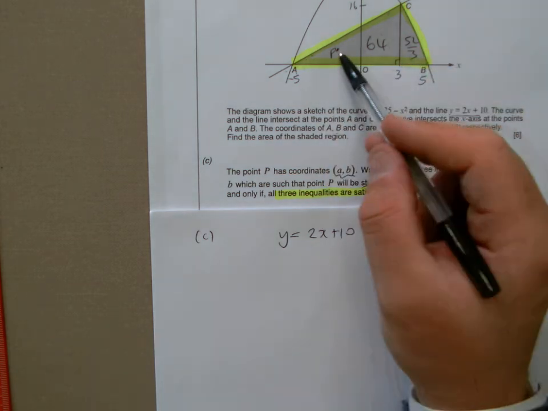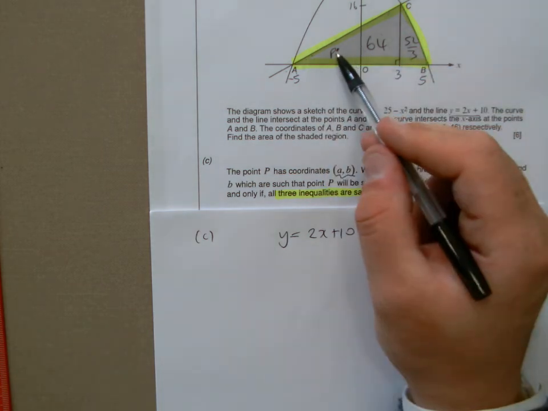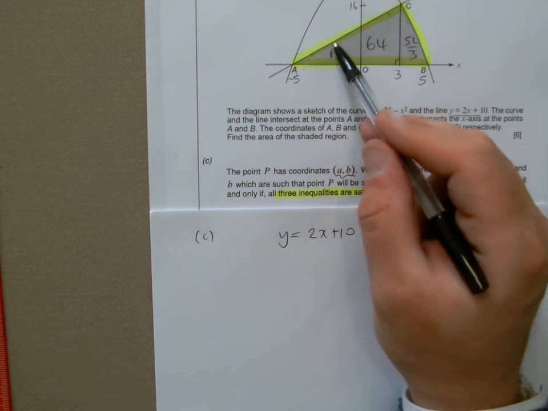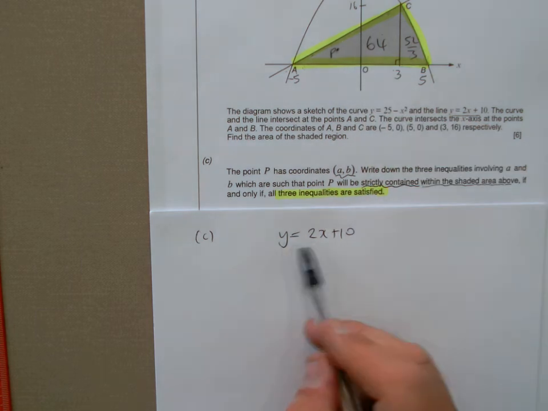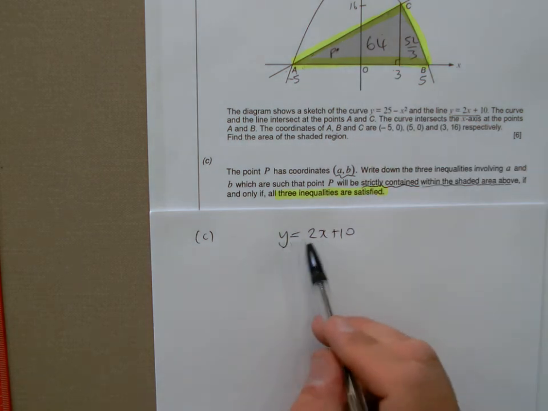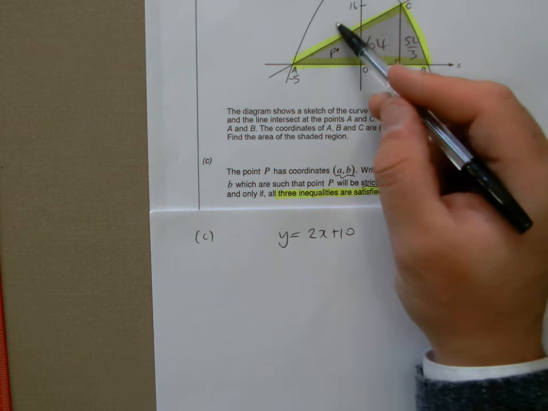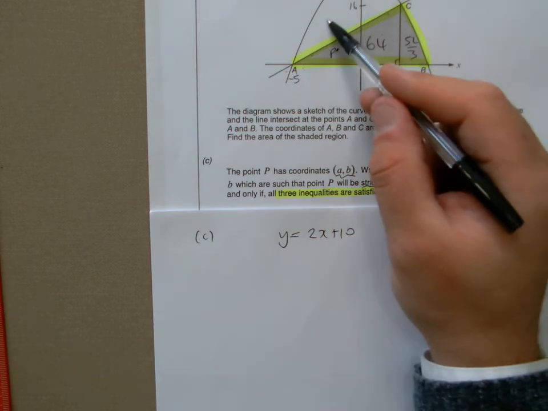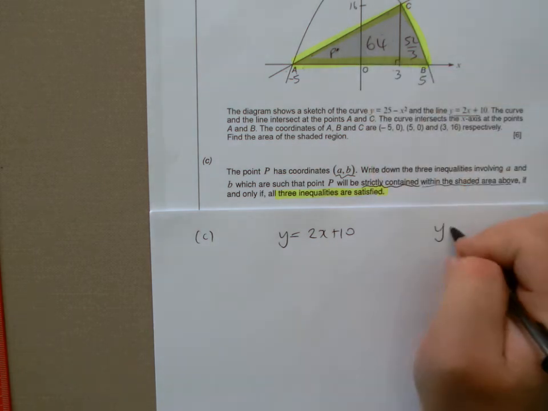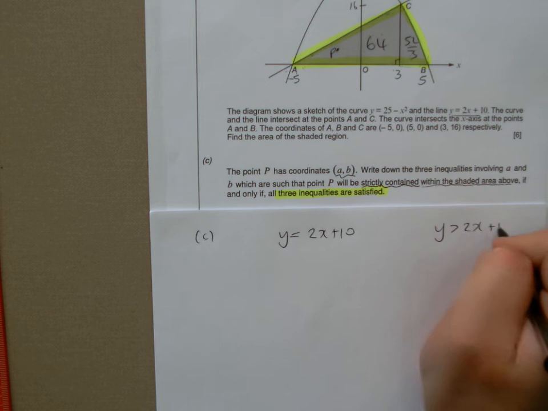Let's think about it. We want our point P to be underneath that line, don't we? We don't want it to be on the line. If it was on the line, then it would satisfy this equation: y would equal 2x plus 10. If it was above the line, then our y would actually be greater than 2x plus 10, if you think about it.